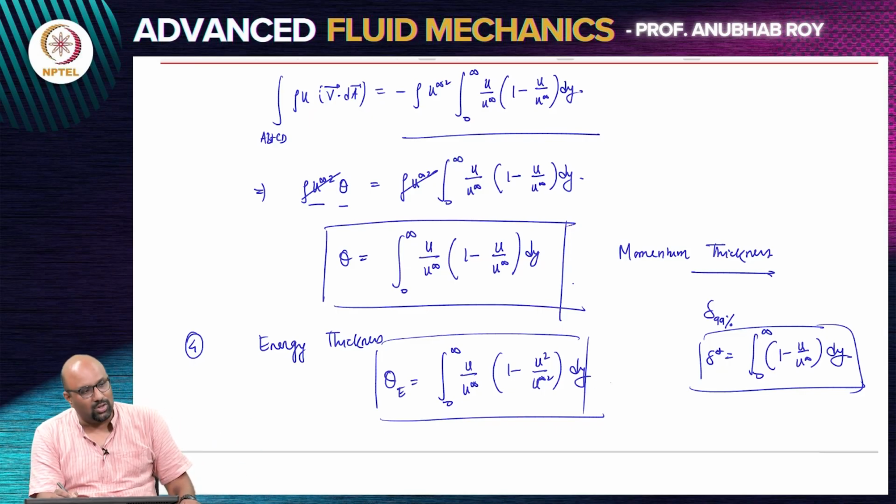Then you can use the loss in energy that is happening in the problem. The kinetic energy coming in and the kinetic energy going out are not going to be in balance. That loss of energy can also be used to quantify the thickness of the boundary layer.